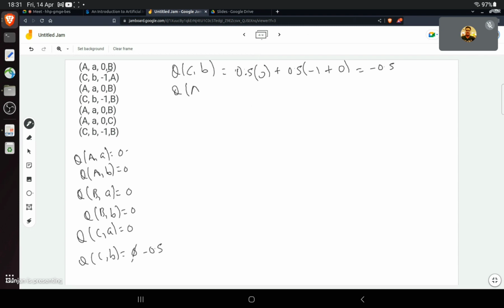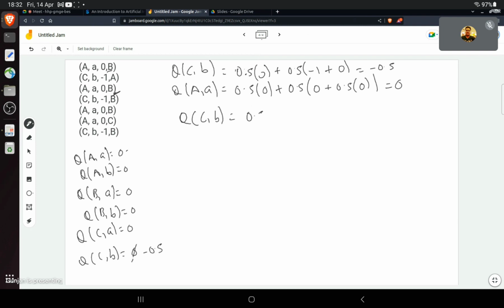Then Q(a, a), if you fill in the values again, it will be 0.5 times 0 plus 0.5, reward is again 0, right? Plus gamma is 0.5, and the Q star of b is 0, right? So this again is 0, so the Q(a, a) stays 0, and we have done till here. Now we do Q(c, b) again, right?